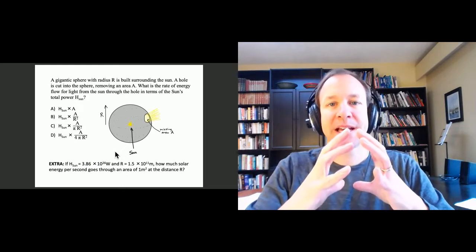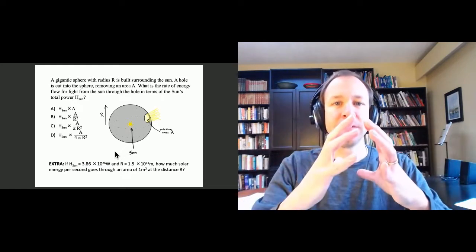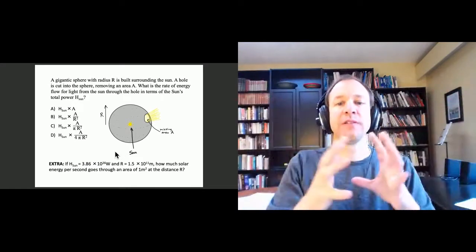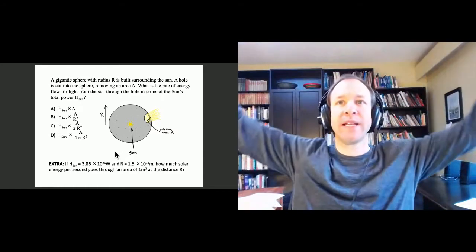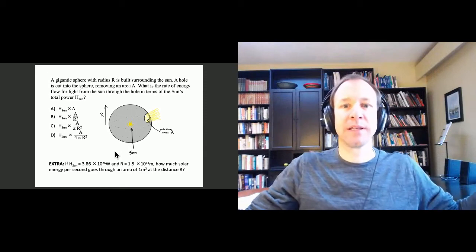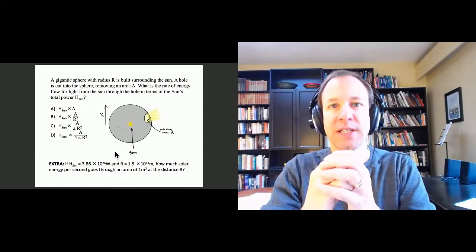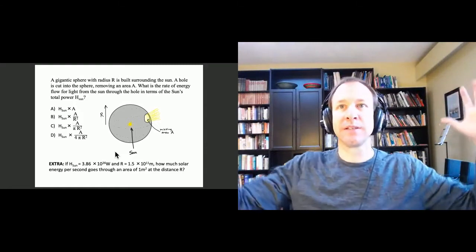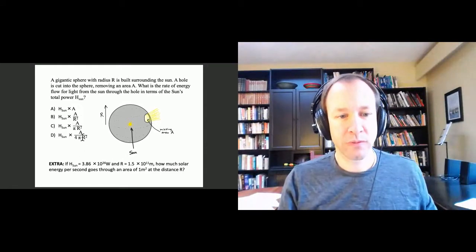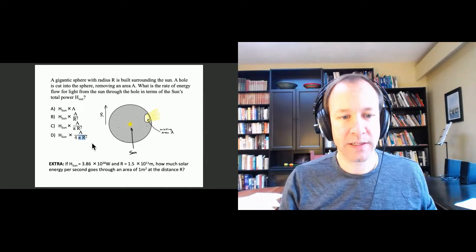So we could think of that expanding out in a sphere, or expanding out uniformly. Once we get to a radius capital R, then this radiation is spread over that entire area. Okay, so that area is 4 pi r squared.